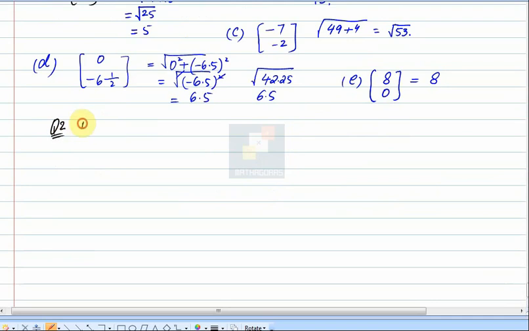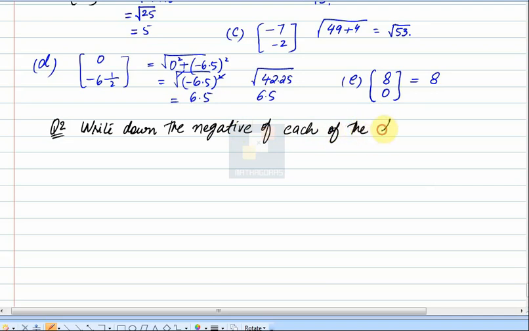Write down the negative of each of the following vectors. For the first part, it's 12 and -7.